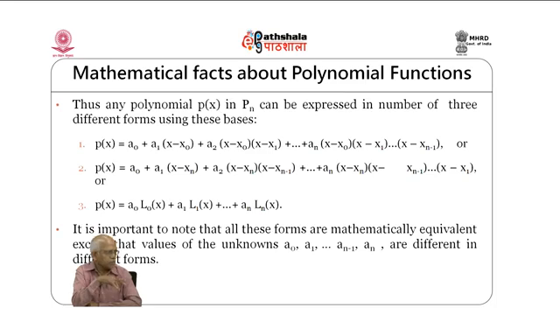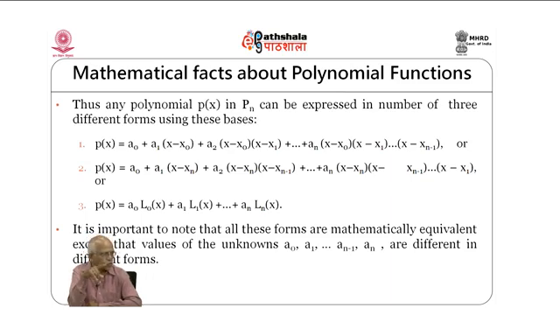Second will be P x equal to a 0 plus a 1 into x minus x n plus a 2 into x minus x n into x minus x n minus 1 and so on. And third, P x equal to a 0 L 0 x plus a 1 L 1 x plus up to a n L n x, like that we are considering.